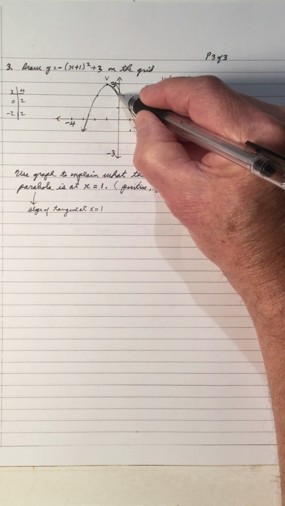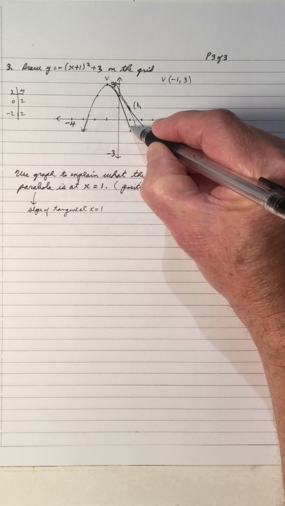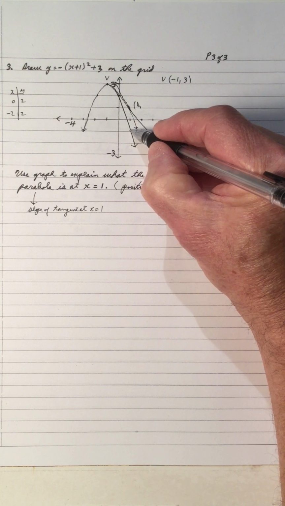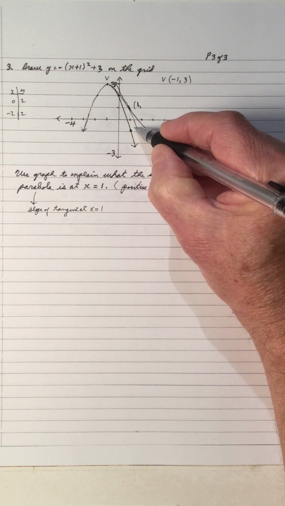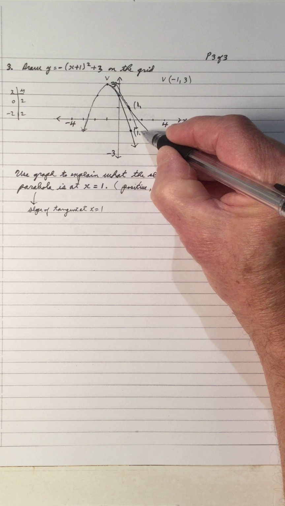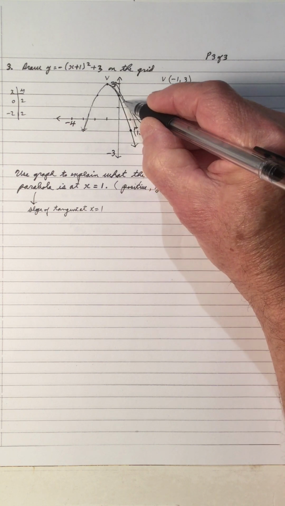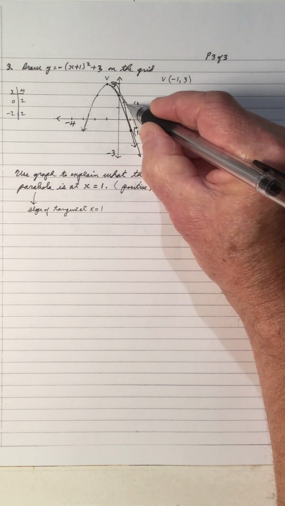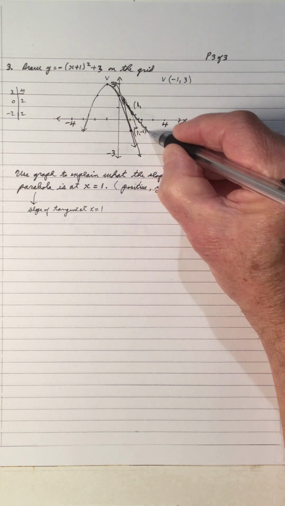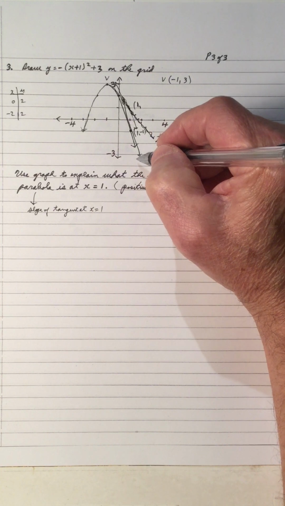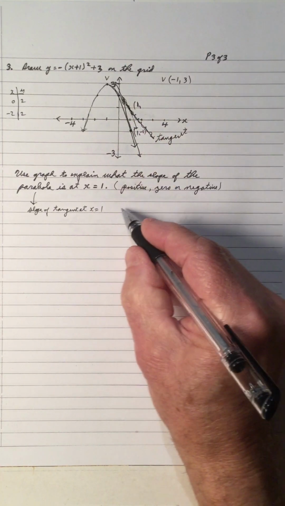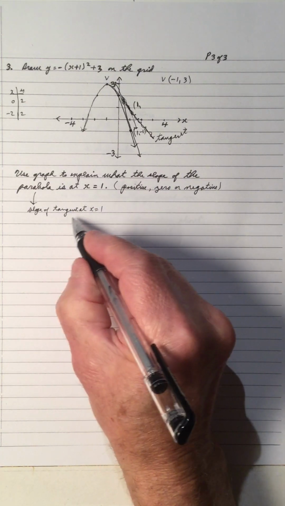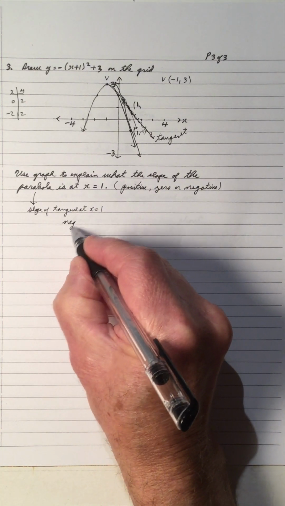The graph comes down like this. So really I should be talking about the tangent right here. This is only an estimate. But the slope of this tangent is negative. The slope of the parabola is the slope of the tangent, and it's going to be negative.